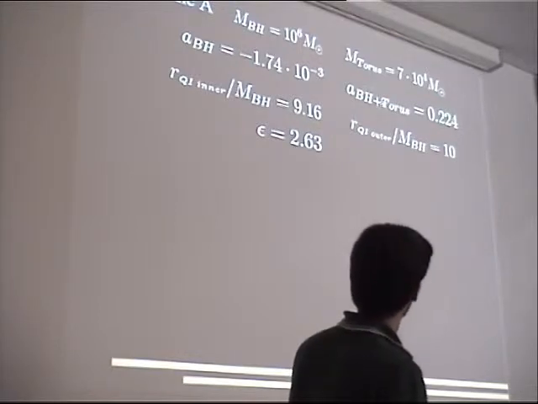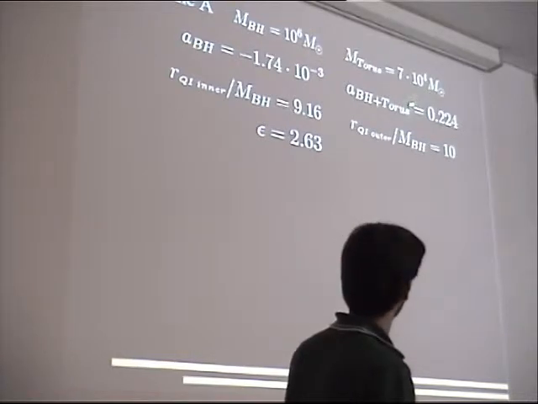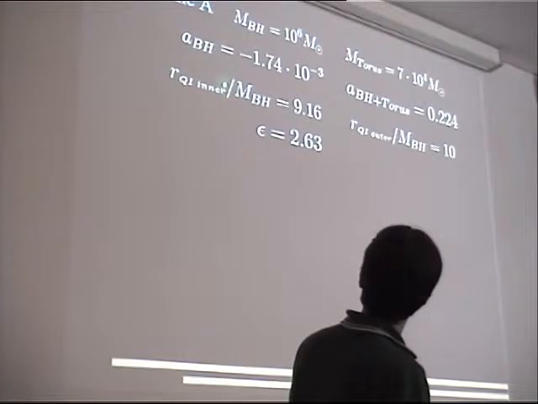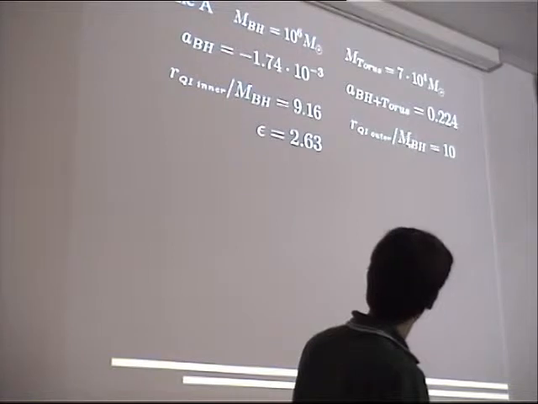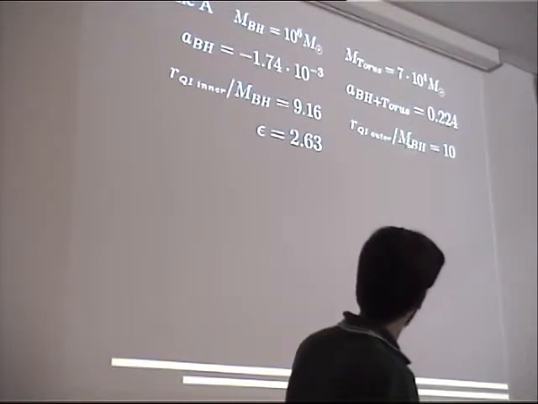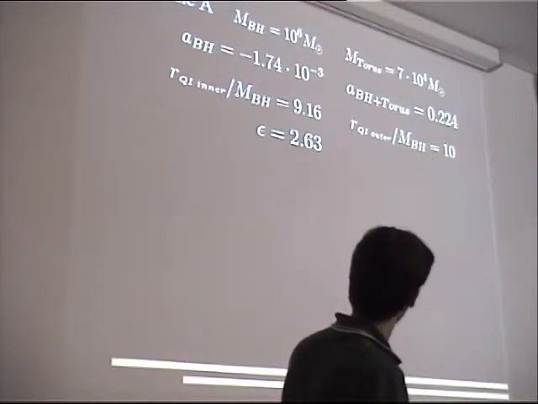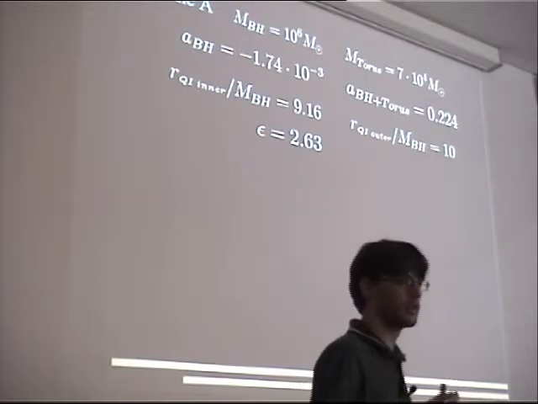This A for black hole plus torus is J total divided by M total squared. The disk has an inner radius divided by the mass of the black hole of 9.16, and an outer radius divided by the mass of the black hole equal to 10. So it's a ring.